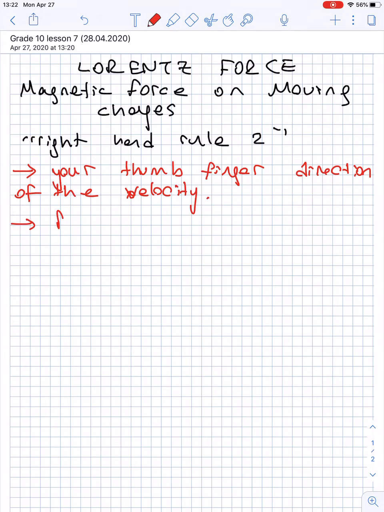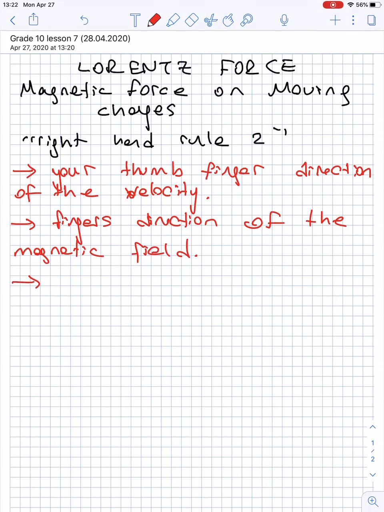Your fingertips show the direction of the magnetic field, and your palm always shows the direction of the magnetic force.